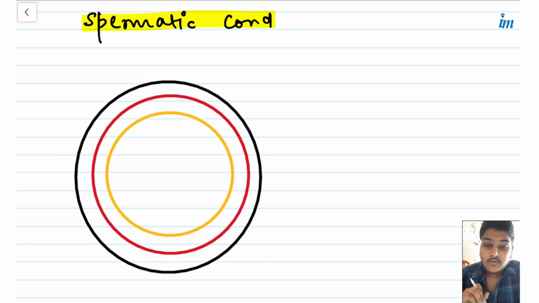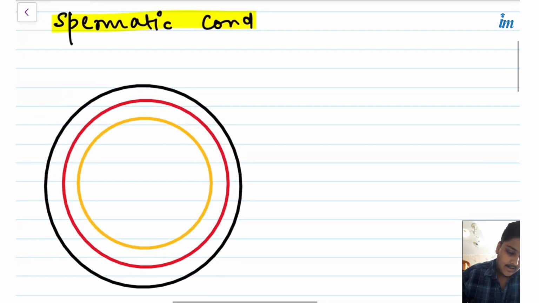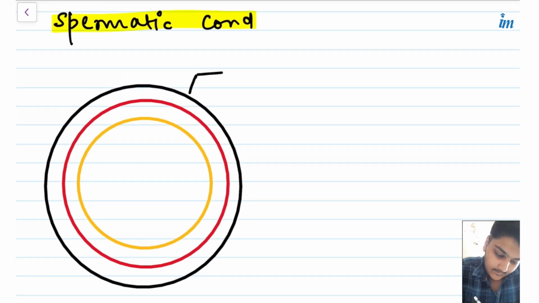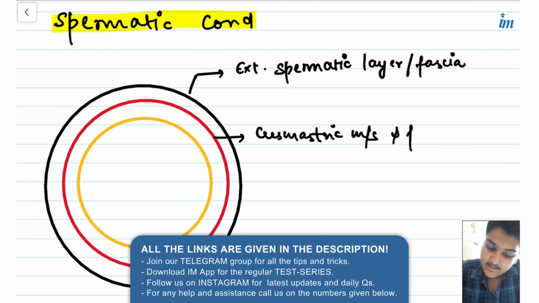So the wall of spermatic cord is made up of 3 layers. The outermost is the external spermatic layer or fascia. The middle one is the cremasteric muscles as well as fascia.